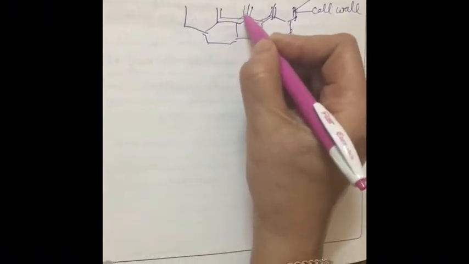This outer wall is known as cell wall. The inner wall is known as cell membrane. You know, it is a plant cell, so it has cell wall also. Otherwise, in the animal cells, this cell wall is absent. This cell wall provides it rigidity.